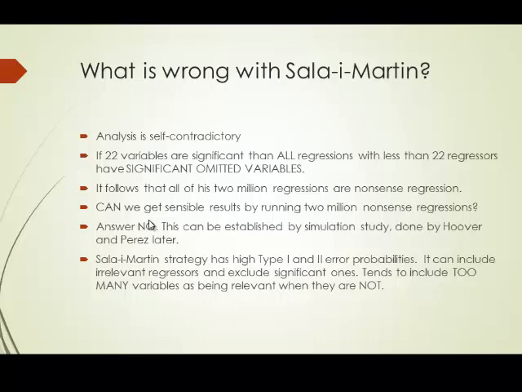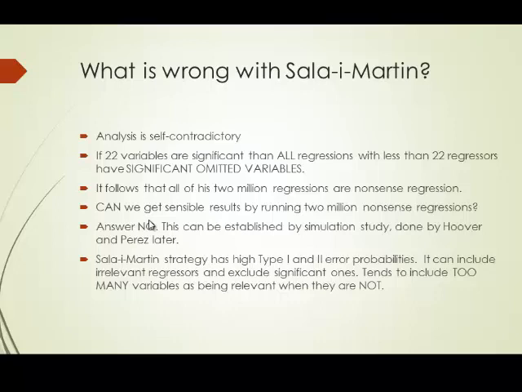And he did that, the Hoover and Perez study, and they said, okay, what if we follow the Sala-i-Martin strategy to find the significant regressors? He found that it has both very high type 1 and type 2 error probabilities.